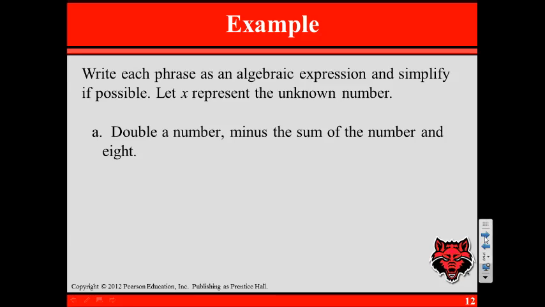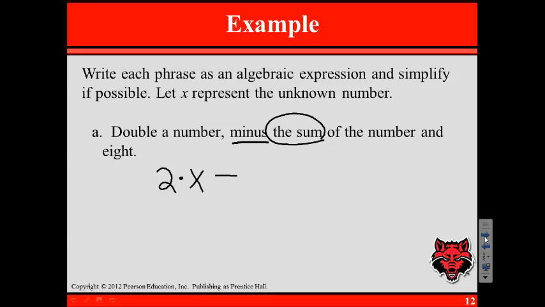Let's try one more example, just so that we have another opportunity to set up an expression that will use parentheses. So again, we write each phrase as an algebraic expression and simplify if possible. X will represent the unknown number. So starting with double a number. Remember, double means times 2. So double a number, 2 times a number, 2 times x, minus, here we see this phrase again, the sum.